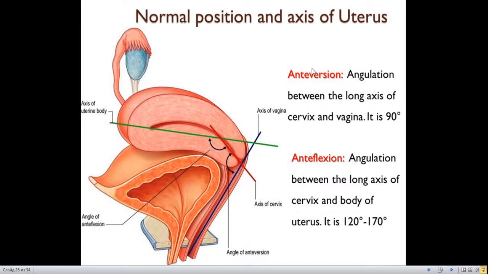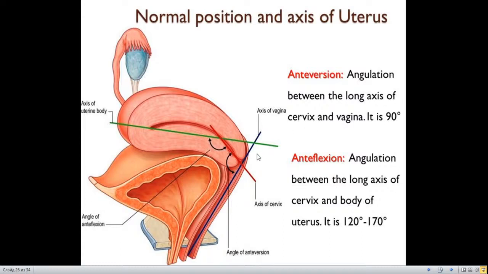Look, anteversion is an angulation between the long axis of the cervix and the vagina. The uterus has such parts: fundus, the part of the uterus above the attachment of the uterine tube, then the body and cervix. Sometimes some textbooks describe the narrow part between the body and cervix as the isthmus.